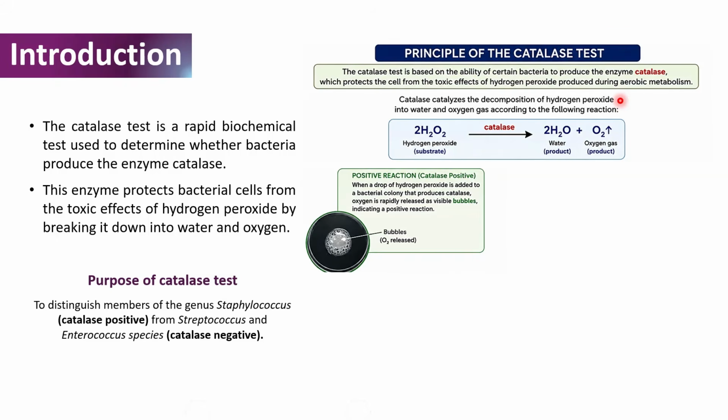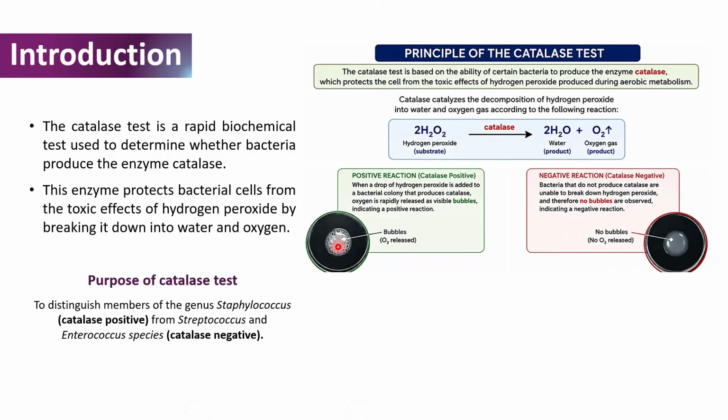So when a drop of the catalase reagent, which is 3% hydrogen peroxide, is added to a bacterial colony that produces catalase, oxygen is rapidly released as visible bubbles to indicate a positive reaction or a positive test result as shown here.